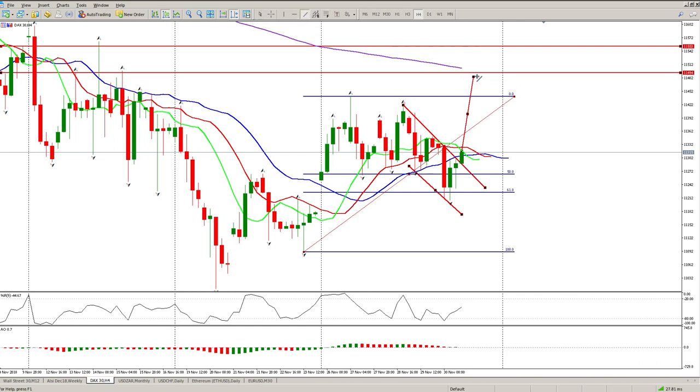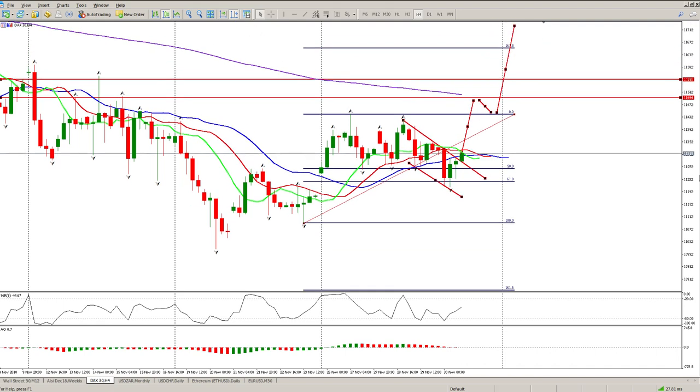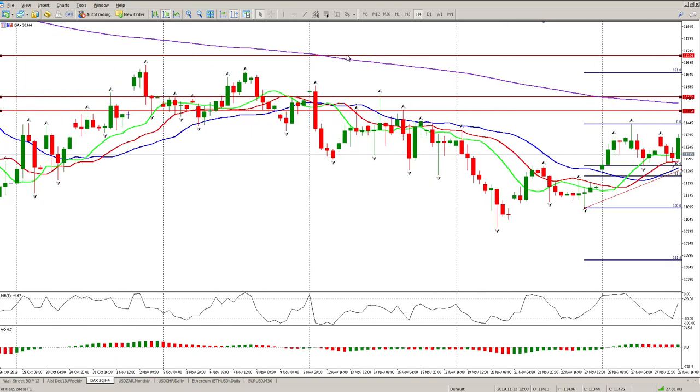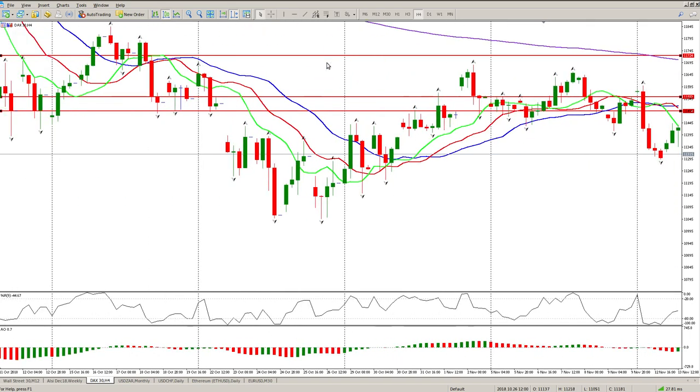Then what I would expect to happen is us to come down a little bit, something like that, and then we get this second measured move here. Something like that, and let's see what it does.